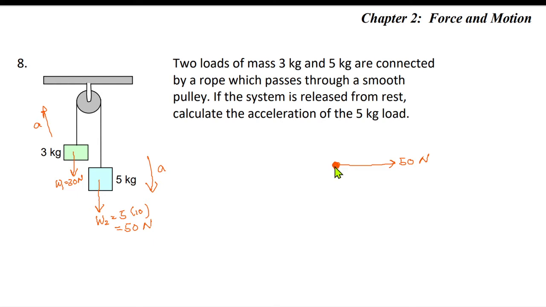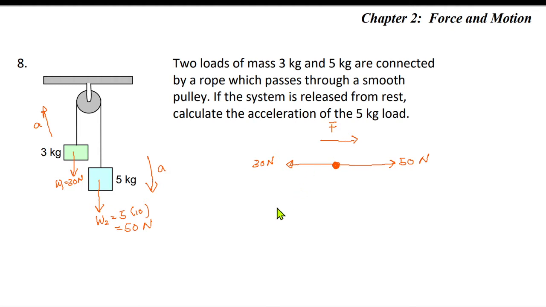And then the 3 kilogram load, the weight is going that way. Okay, so I'm straightening this rope. So here I have 30 Newton, and the system is going to the 50 Newton direction. Okay, so this is my resultant force.